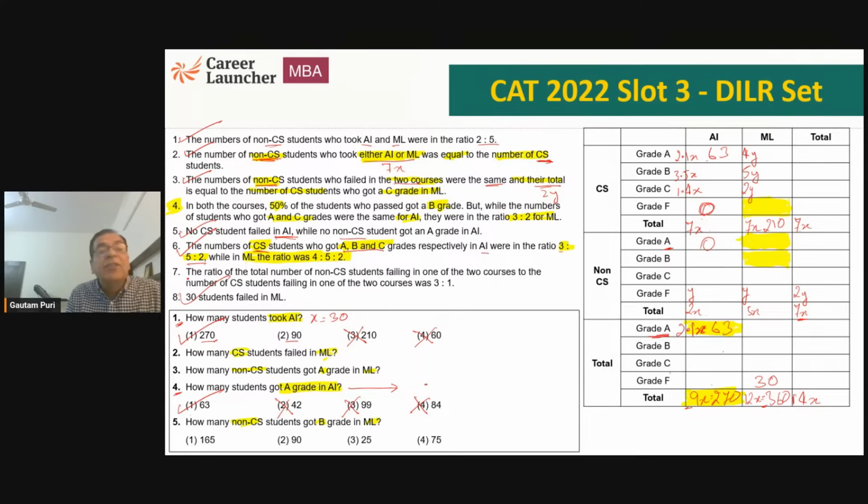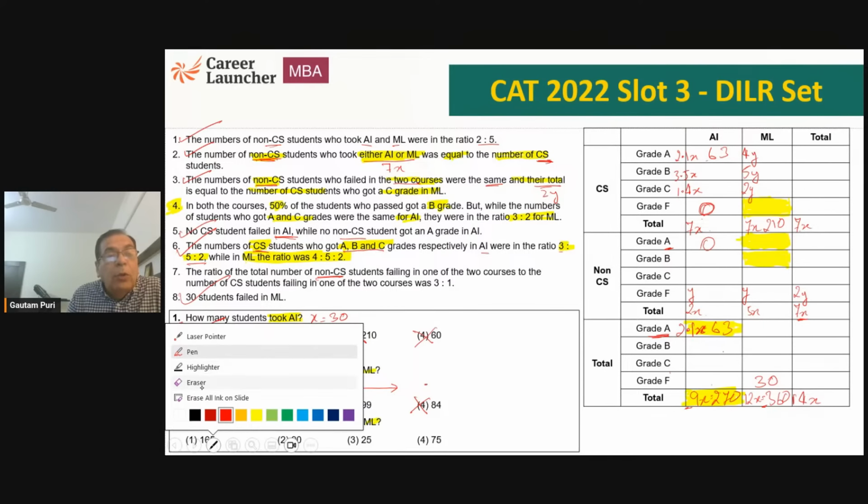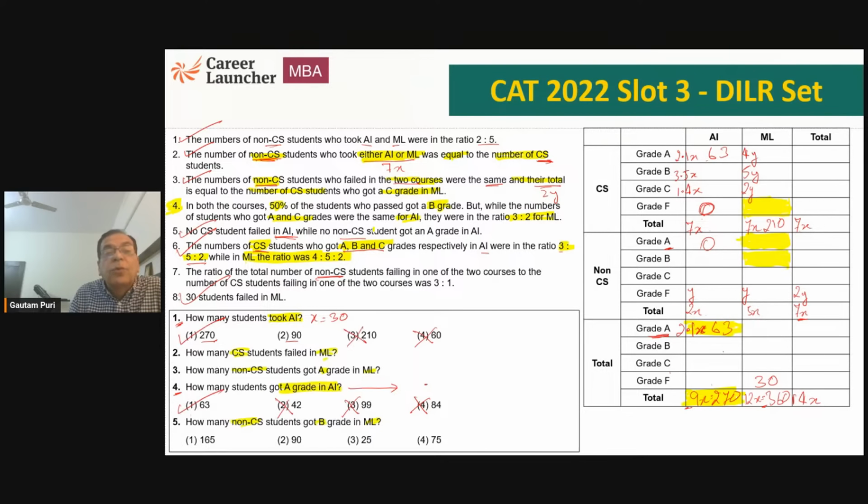Okay, statement 7. The ratio of total number of non-CS students failing in one of the 2 courses, how much? 2y.